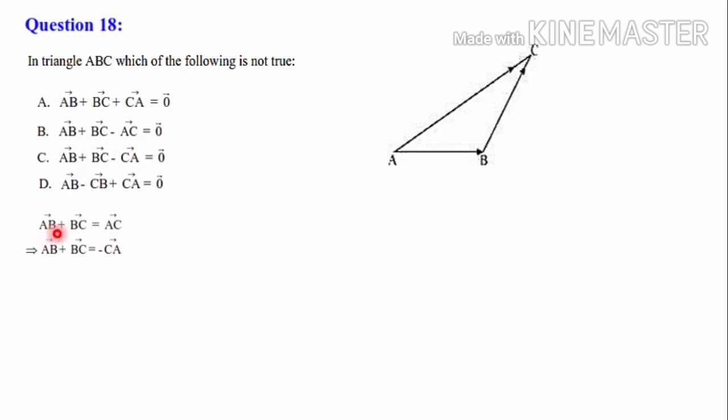That is vector AB plus vector BC equal to this vector AC, we can change the direction, then we will write it as minus vector CA. Then vector AB plus vector BC plus vector CA is equal to 0 vector.